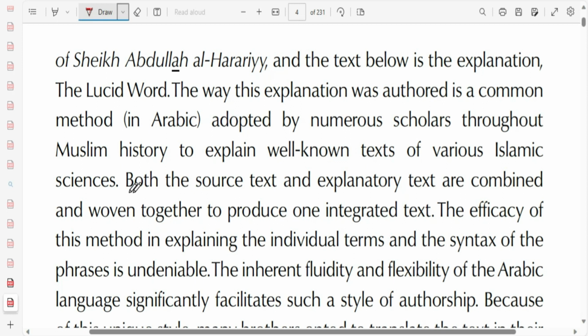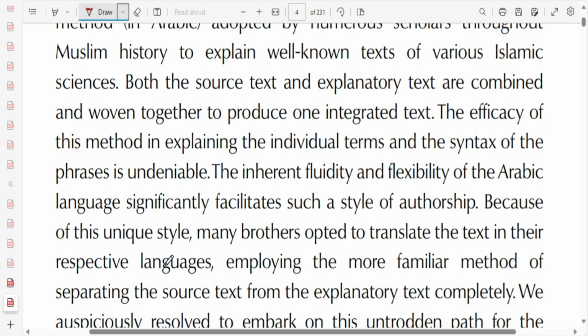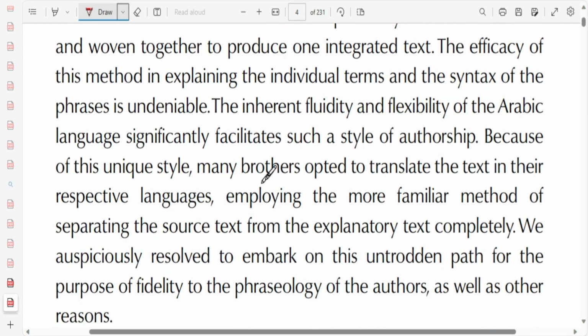Both the source text and the explanatory text are combined and woven together to produce one integrated text. The efficacy of this method in explaining the individual terms and the syntax of the phrases is undeniable. The inherent fluidity and flexibility of the Arabic language significantly facilitates such a style of authorship.